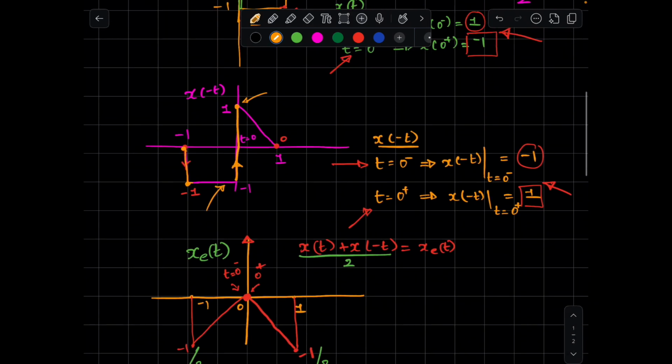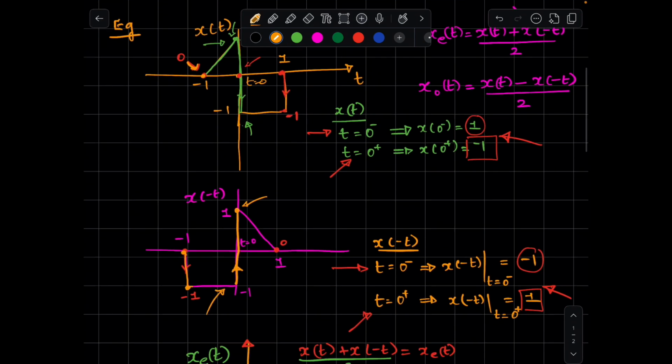Now we will see what happens at 0 minus. At 0 minus we have already calculated the amplitude is 1 for the first signal. Similarly, for the second signal x of minus t, the amplitude is -1.